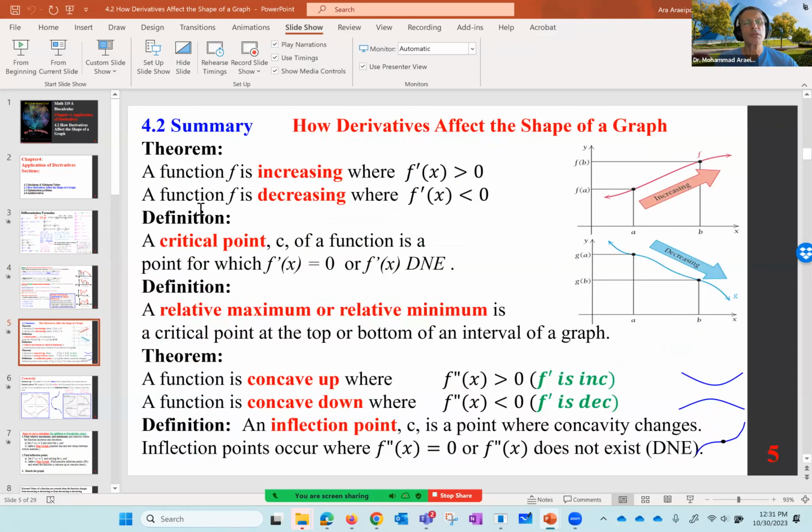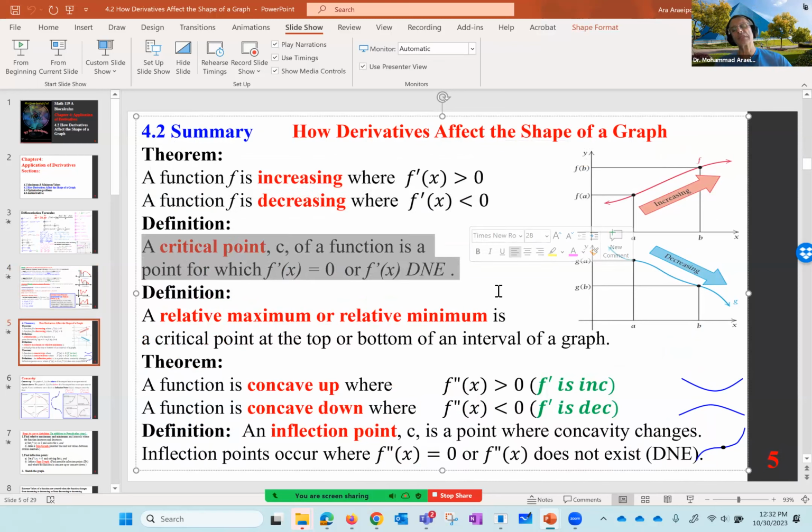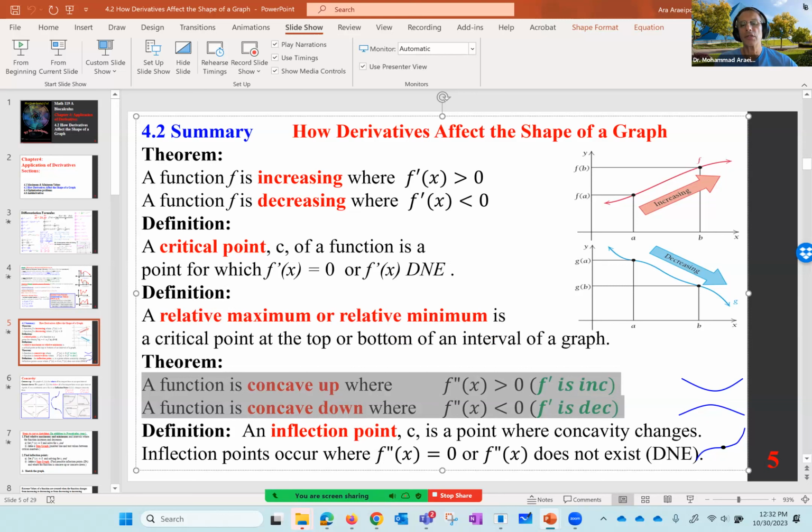Here's the summary of the section. A function is increasing, obviously, when f prime is positive, decreasing when it's negative. A critical point is where f prime is 0 or doesn't exist. A relative extremum refers to a critical point at the top or bottom of an interval. A function is concave up where f double prime is positive, concave down when it's negative.